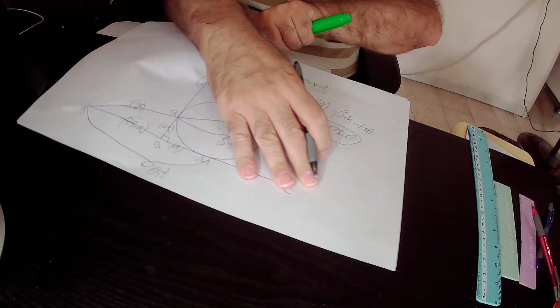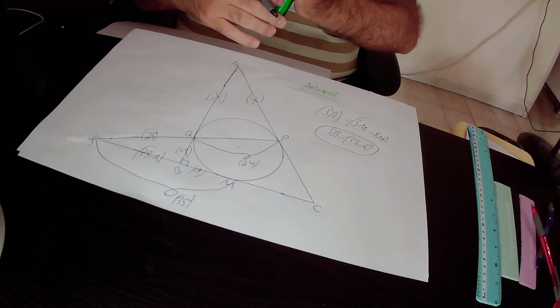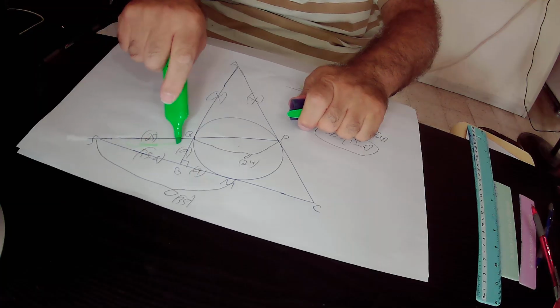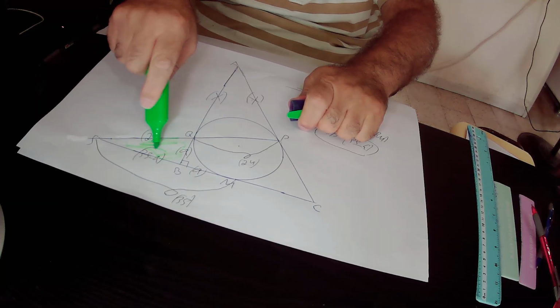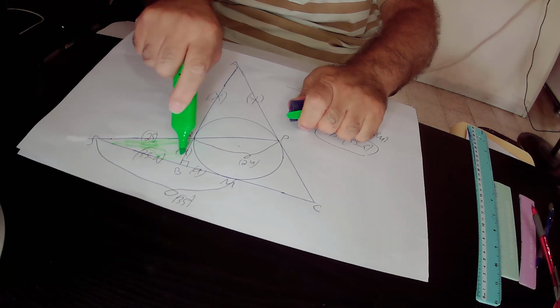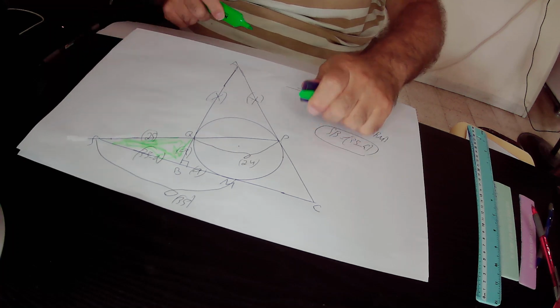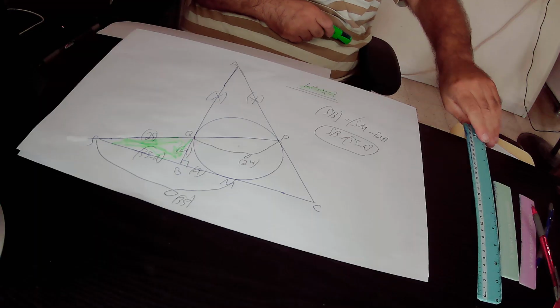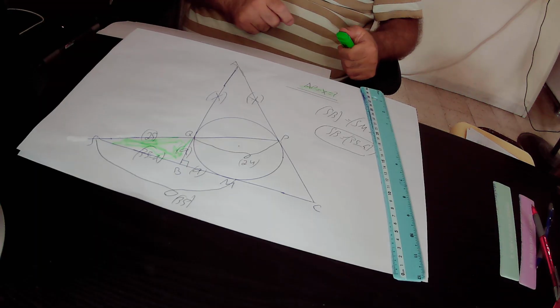In the next step, we will implement the Pythagoras theorem on this green right triangle QBS.